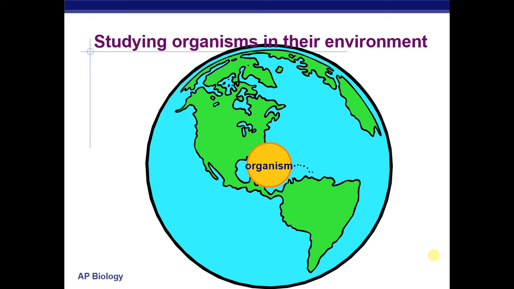When we're studying ecology, for our last major unit of the year, there are different levels we can approach the topic on, depending on what scale of interactions we want to study. Ecology is always about studying interactions.